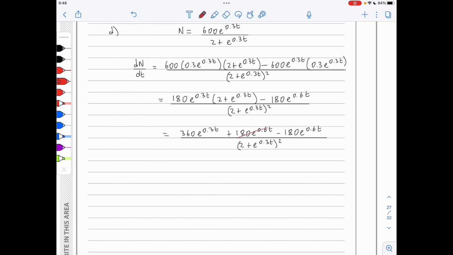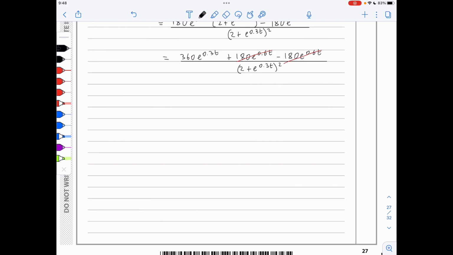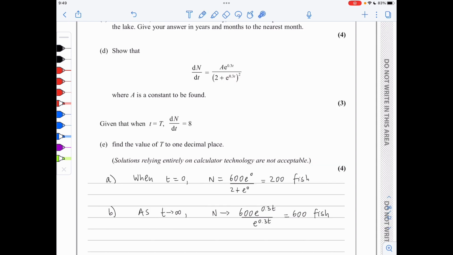Now the e to the 0.6 t terms cancel out, and therefore this leaves us with a final answer of 360 e to the 0.3 t over 2 plus e to the 0.3 t squared, and therefore the constant a was 360.